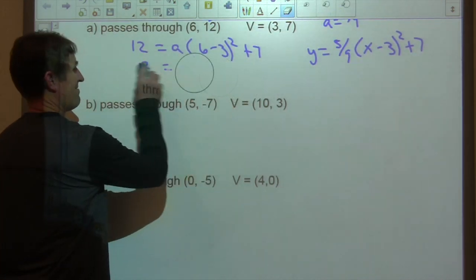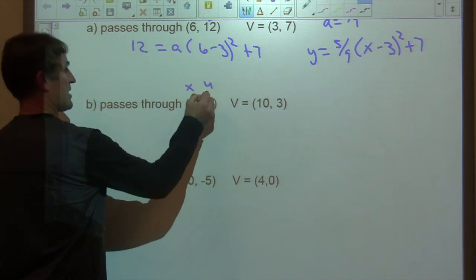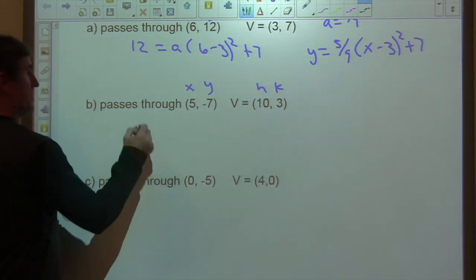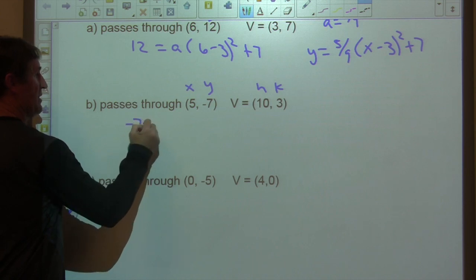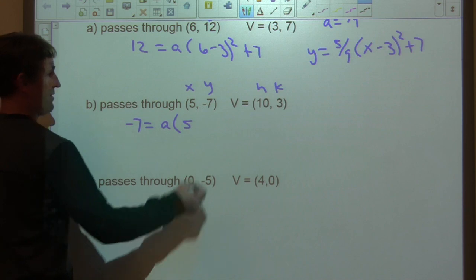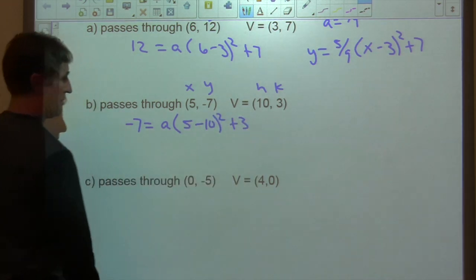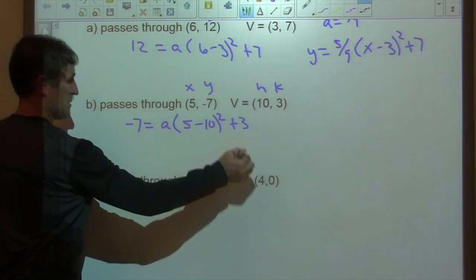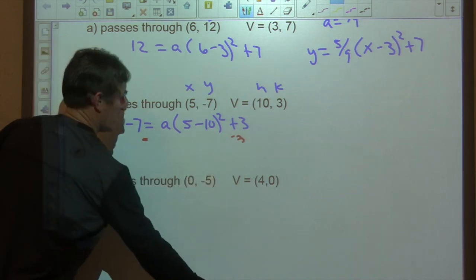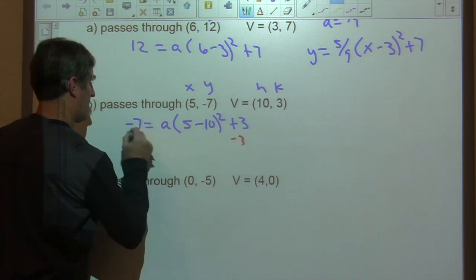So again, it really will help if you'll just label everything. So this is my x, this is my y, this is my h, this is my k. So negative 7 equals a times (5 minus 10) squared plus 3. So I'm going to subtract the 3.